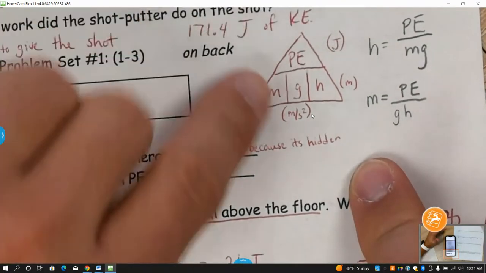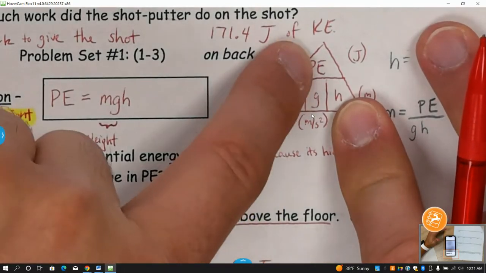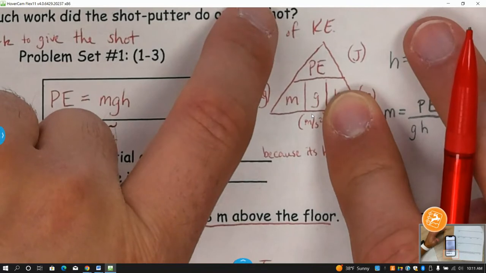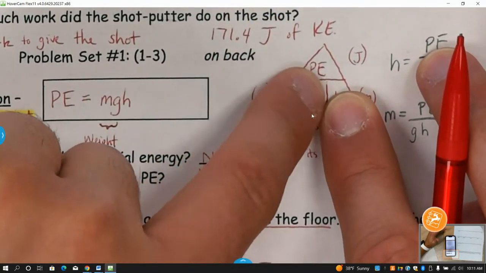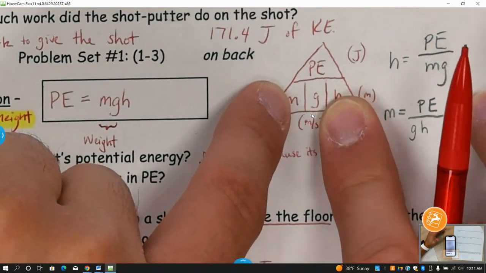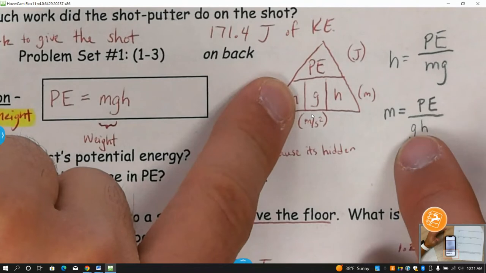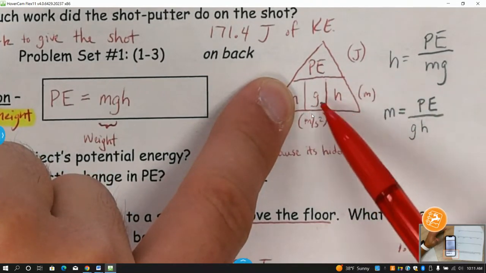If I asked you to solve for height, cover up H. You have PE over mass times gravity, and since it's over those two, it's divide. And if I asked you to solve for M, it would be PE divided by gravity times height.